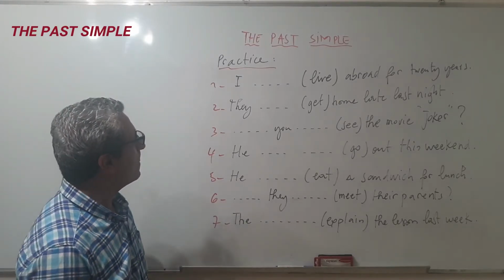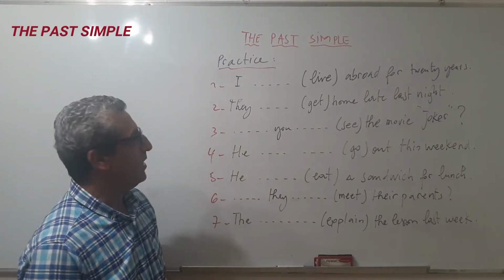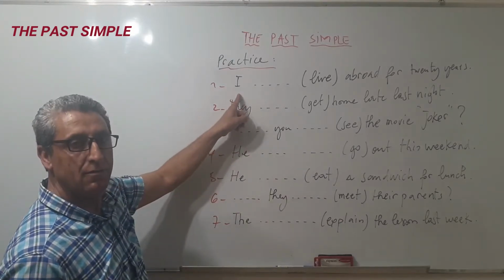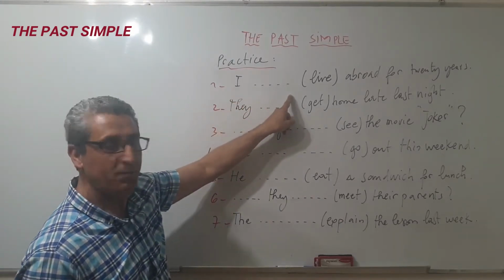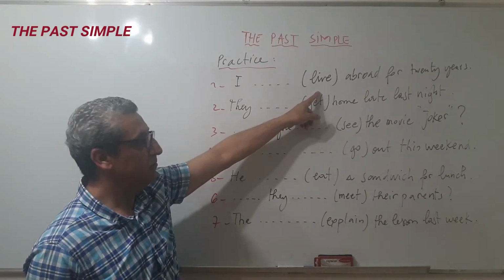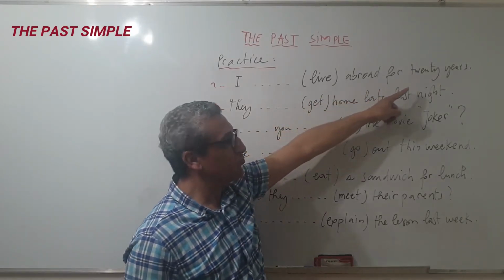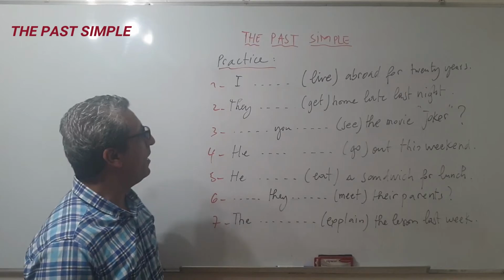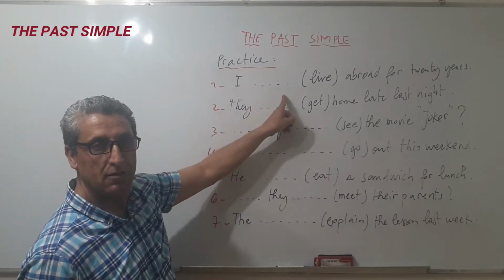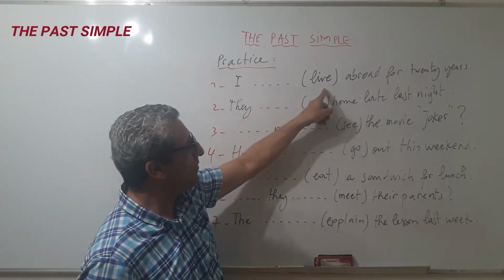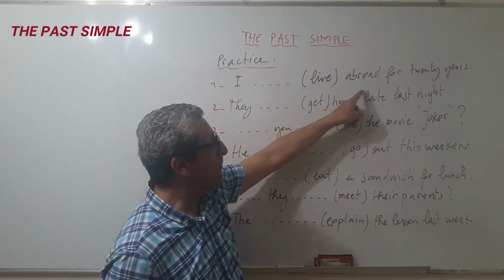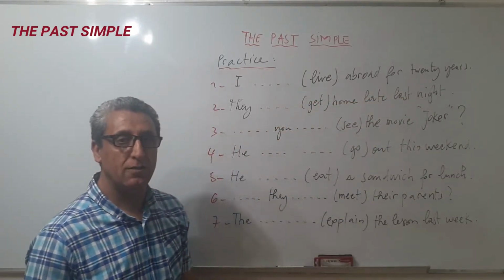Sentence number 1: I, blank space, live is the verb, abroad for 20 years.